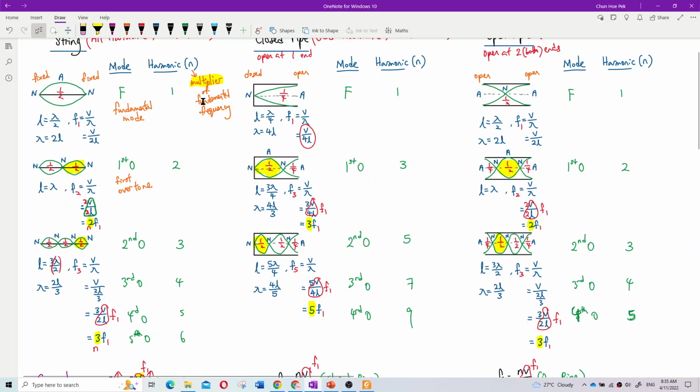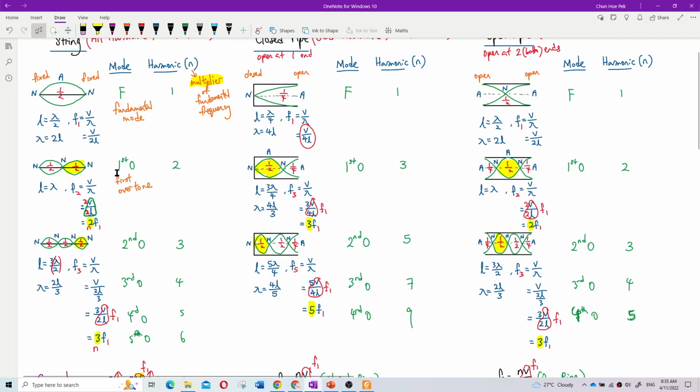So what is harmonic? Class, you tell me what is harmonic number? What does it mean by harmonic number? Multiply fundamental frequency. That means how many times each frequency is higher than fundamental frequency.